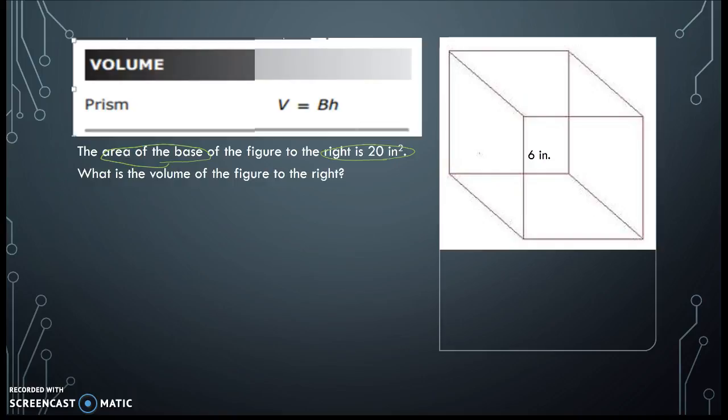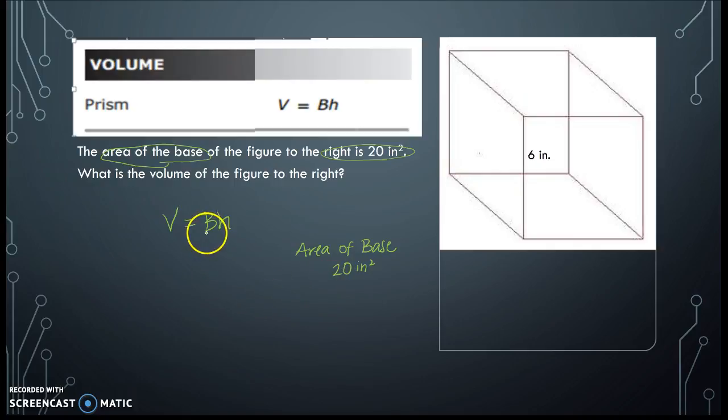So we're going to look at our formula chart. So volume equals big B times height. So off to the right, we're always going to write area of the base. And in this case, they gave it to us. We're not having to calculate it. So I'm just going to go ahead and write it so we can practice.